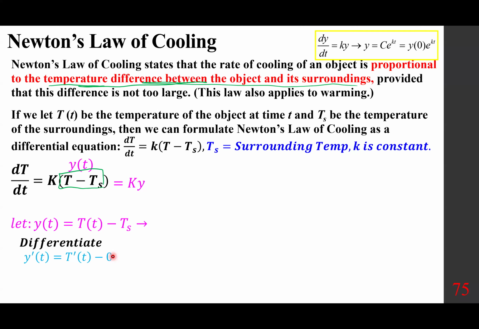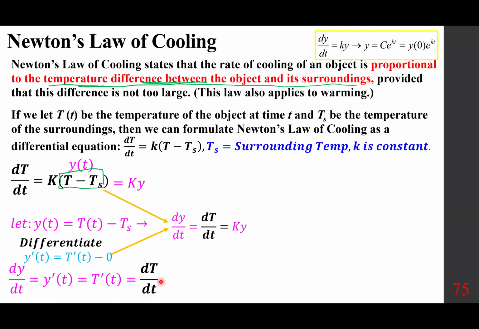That means their derivatives are the same. So y prime equals T prime. So we are going to write dy/dt or y prime of t equals T prime of t or dT/dt. So we proved they have the same derivative, everybody. So dy/dt is dT/dt or ky.